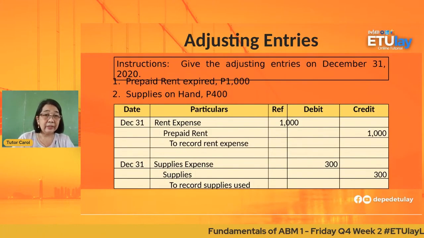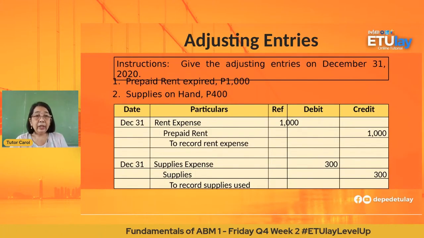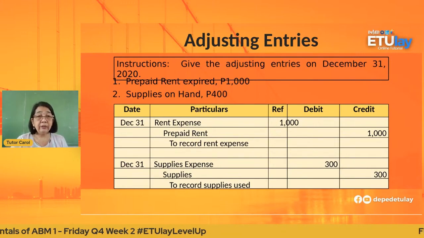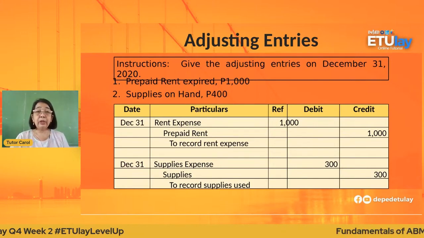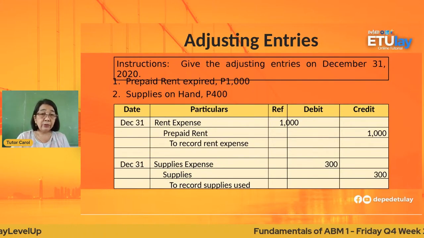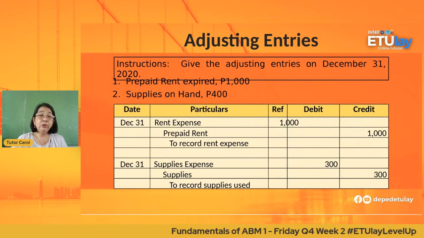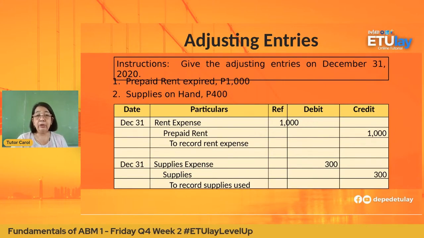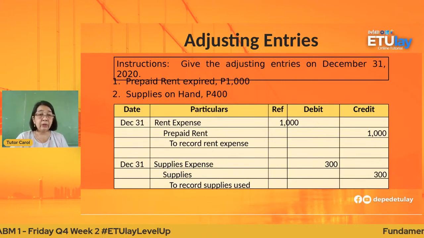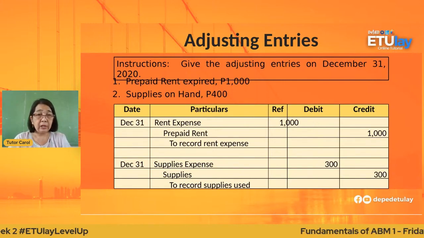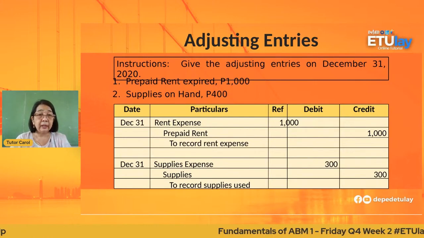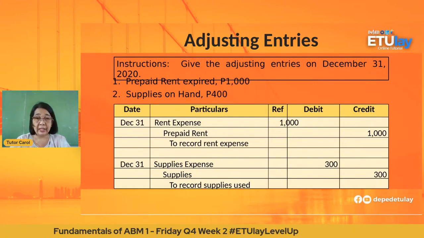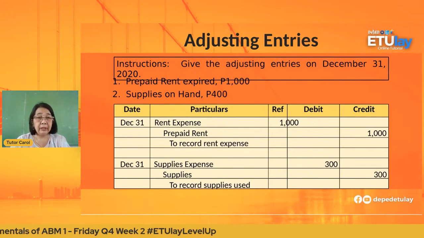Adjusting entries. Instructions: give the adjusting entries on December 31, 2020. We will answer first the first 2 items. The first one is prepaid rent expired, 1,000 pesos. This means that from our unadjusted trial balance, we have prepaid rent, 1,000 of which has already expired, meaning it has been used.